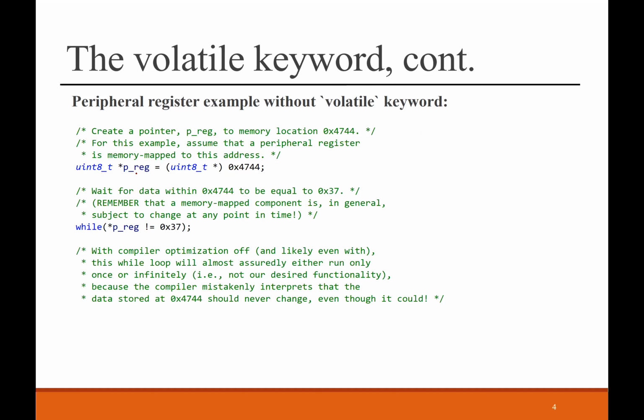Now, if I had a little loop like this, while what preg points to, again location 4744. So it says, is the data at location 4744 not equal to 37? As long as it's not equal to 37, keep in this loop. And someone asked, do I need this casting?